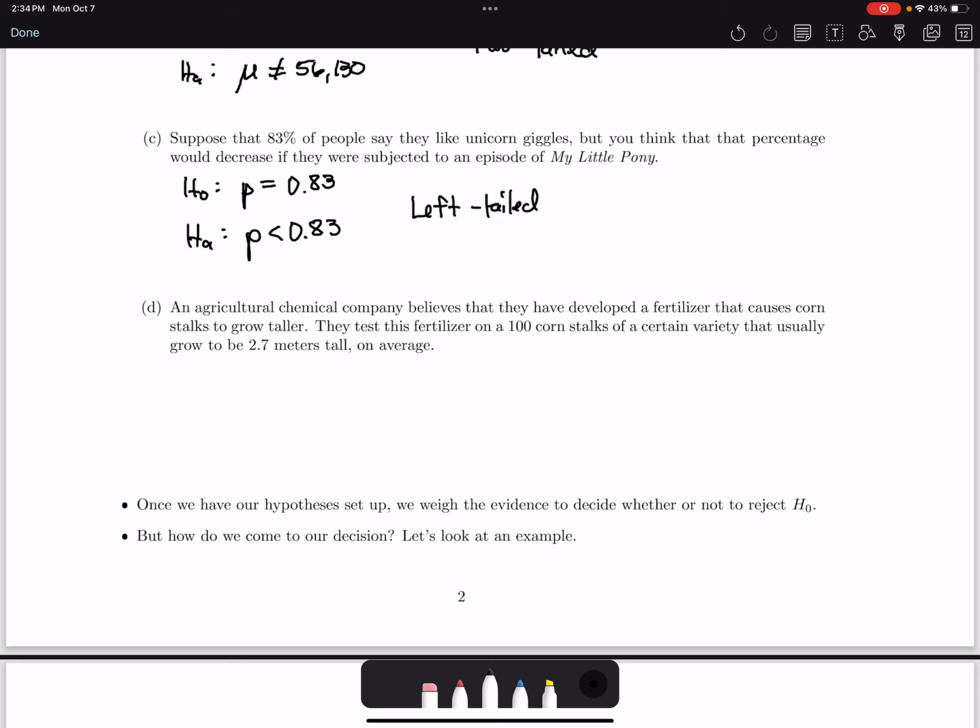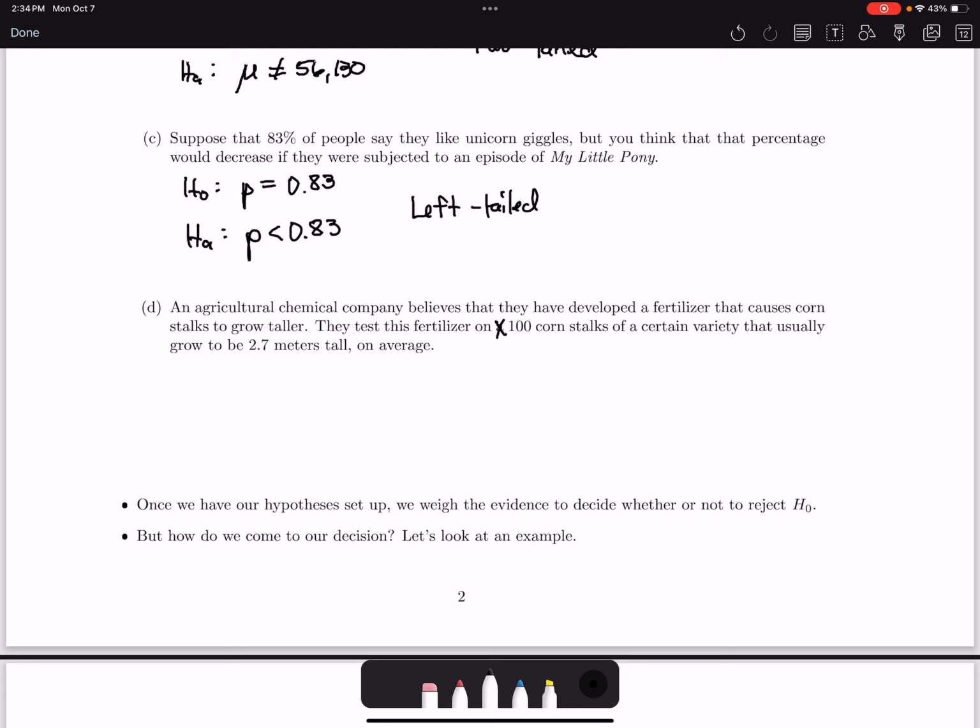Okay, last one. An agricultural chemical company believes that they have developed a fertilizer that causes corn stalks to grow taller. They test this fertilizer on 100 corn stalks of a certain variety that usually grow to be 2.7 meters tall on average. Okay, so the corn stalks usually grow to be 2.7 meters.